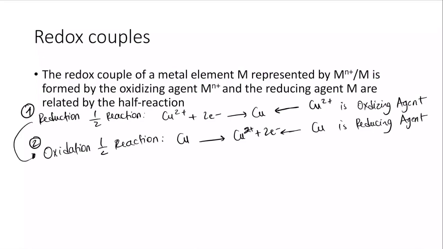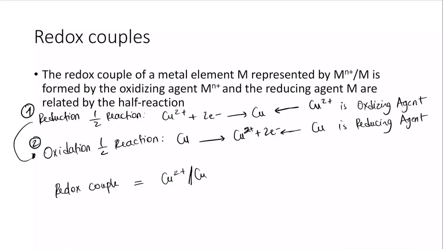Okay, so how do we write the redox couple? The redox couple of copper is simply Cu2+ slash Cu. How?